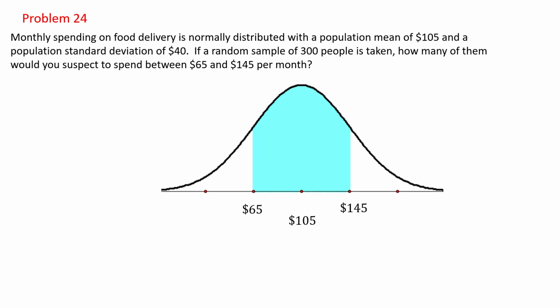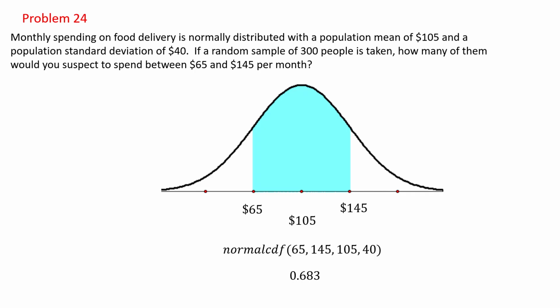If we could figure out what percentage of the population that is, it would be fair to assume that that same percentage of our sample might spend that amount on food delivery. So to do that, we're going to use normal CDF using the normal numbers. And what that tells us is that 68% of the population spends between $65 and $145.